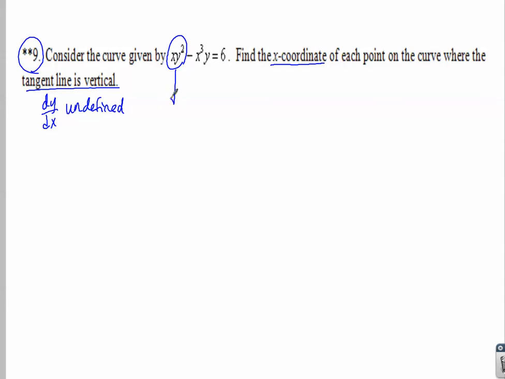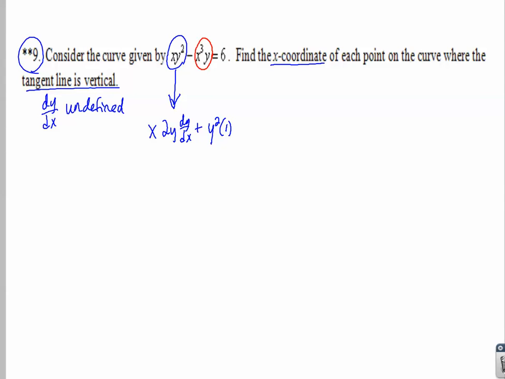Product right here. So product rule. First times the derivative of the second, 2y dy dx plus second times the derivative of the first. There's the product rule for that part. Next one is another product.